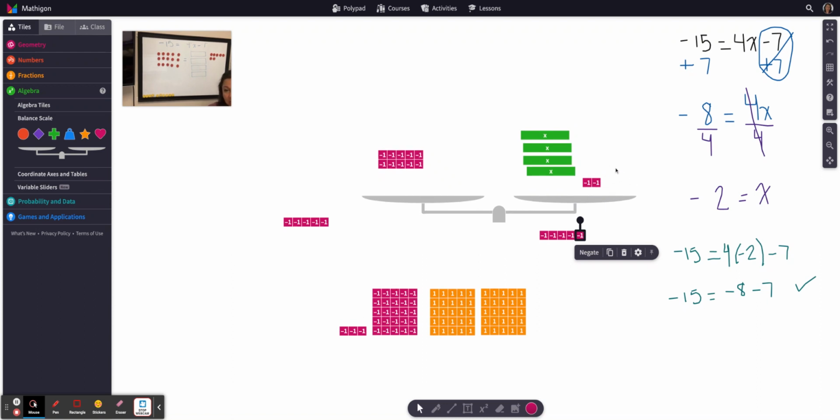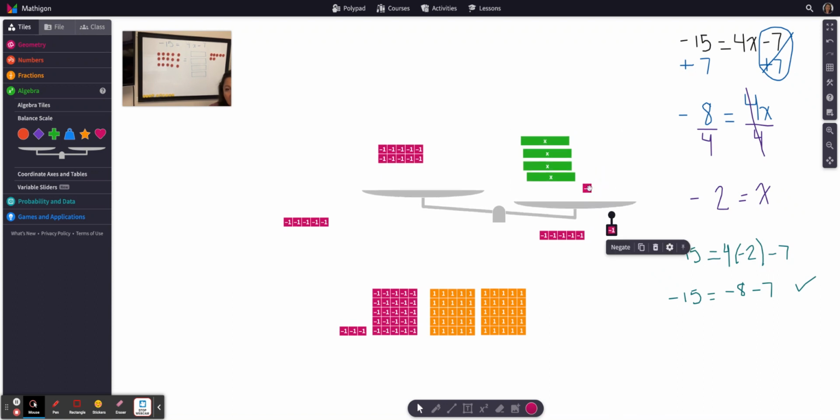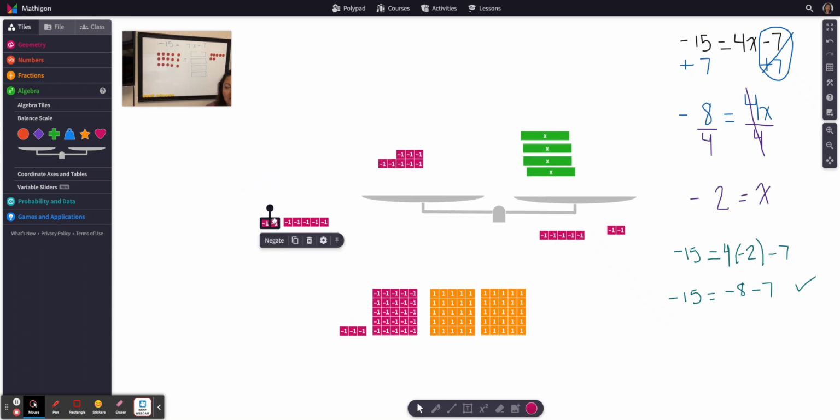I still have 2 extra ones here. I want to move them out of there. So that one and that one come out. That means I need to take 2 out of this side in order for it to continue to be balanced. Now that I have only the x's on one side and my constants on the other, I can now split them up into 4 equal groups.